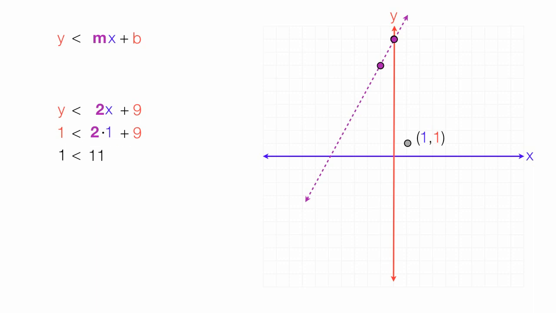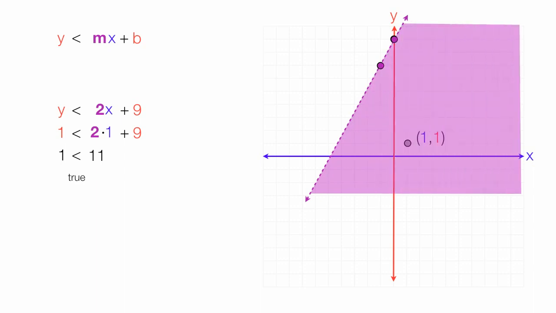So this is a true statement. If it would have been false, we would have shaded the other side, but we'll shade this side because everything inside this area is true. The points along the dashed line are not included and would not make the equation true.